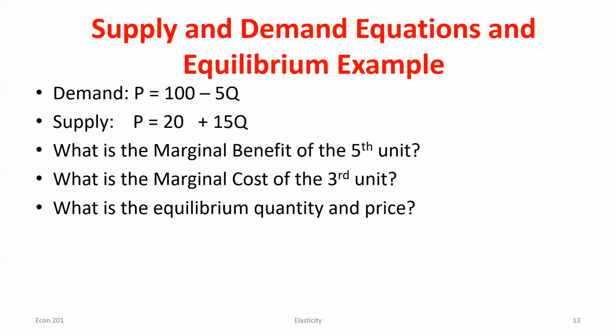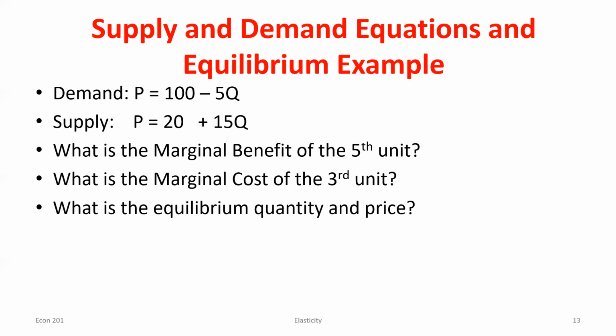It's 20q. What's the last step? Divide both sides by 20. I have to move my work over here, but I should get that the equilibrium quantity is 4. So I basically just found my equilibrium quantity there.